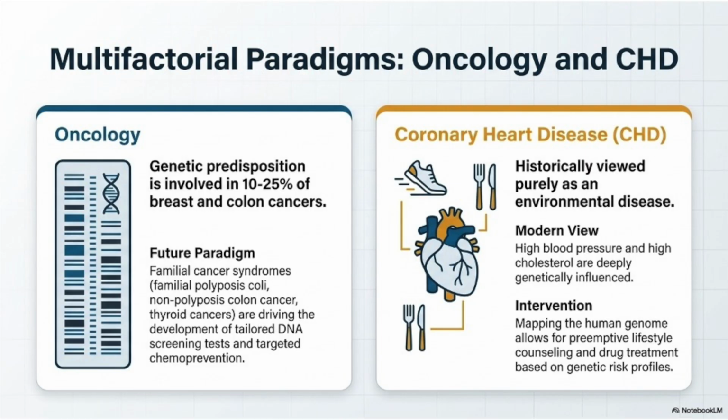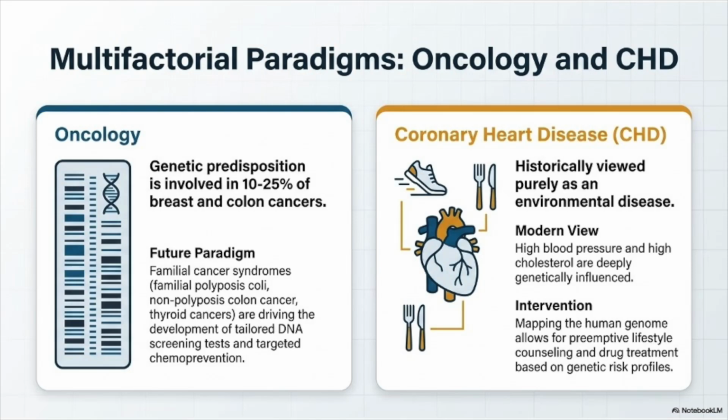Looking at multifactorial paradigms in oncology and coronary heart disease, genetic predisposition is involved in about 10 to 25% of breast and colon cancers. Looking ahead, familial cancer syndromes such as familial polyposis coli, non-polyposis colon cancer, and thyroid cancers are driving the development of tailored DNA screening tests and targeted chemoprevention.